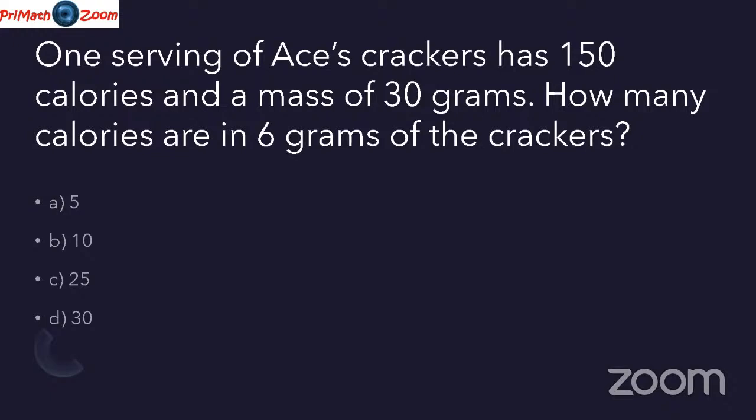How did you get 30? How did you solve it to get 30? Explain why you solved it the way you did to get 30, because it's very important to know how to solve the question. So when you see a similar question, you're able to transfer that learning to solve it. So tell me, guys.